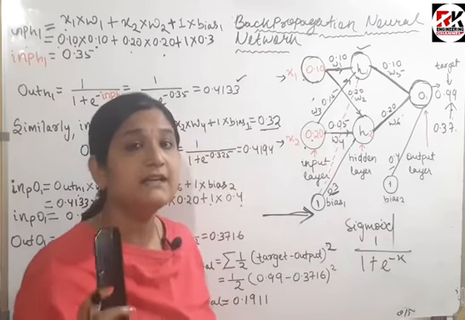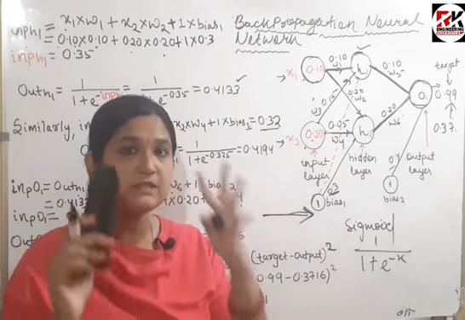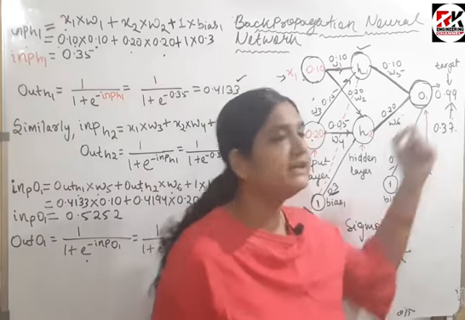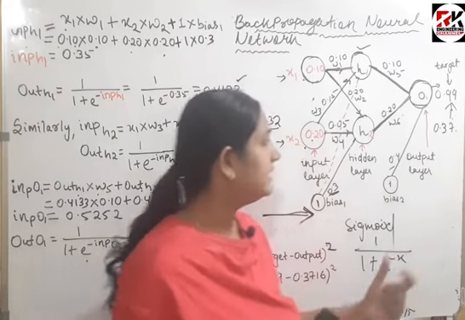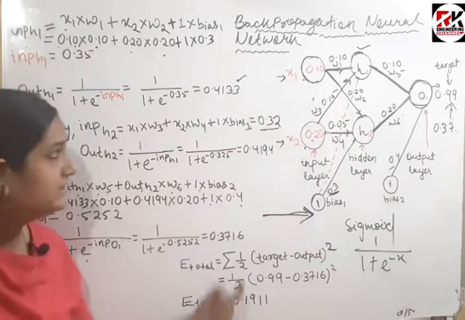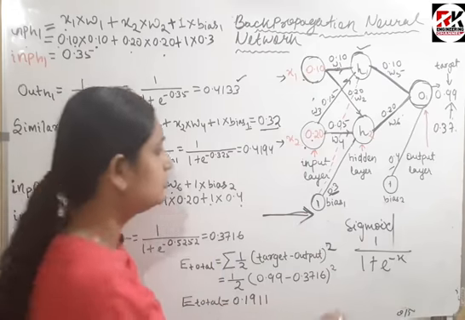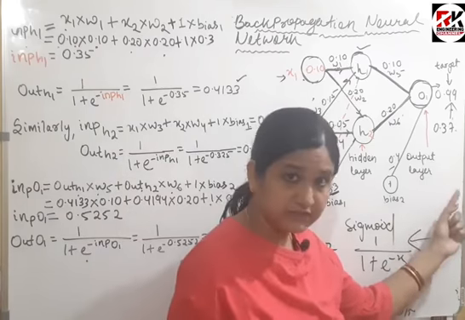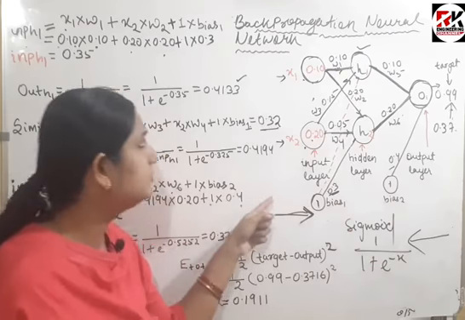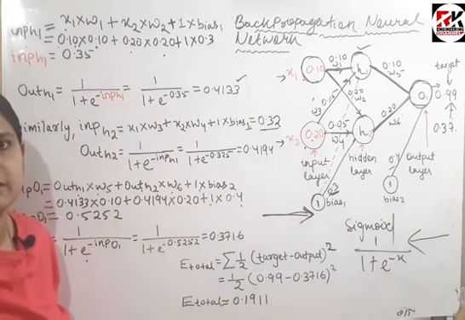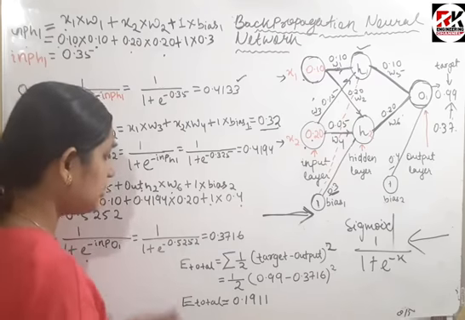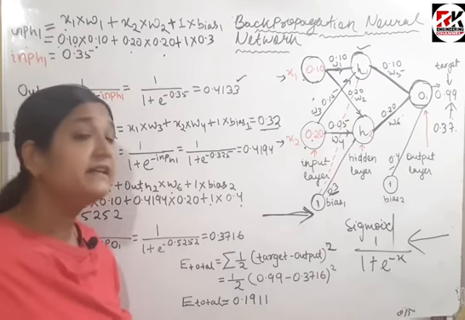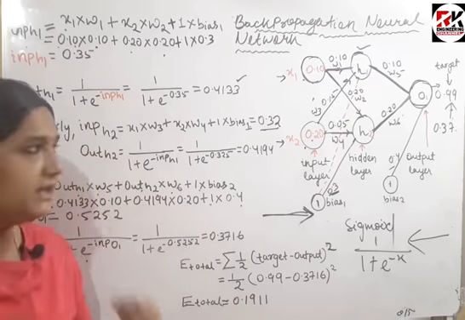Now as I am getting an error, my mechanism should have stopped if I had got 0.99, but I am getting an error of 0.1911. Now it's time to move backward again. From here I will move in the backward direction to minimize the error, to make the error 0.